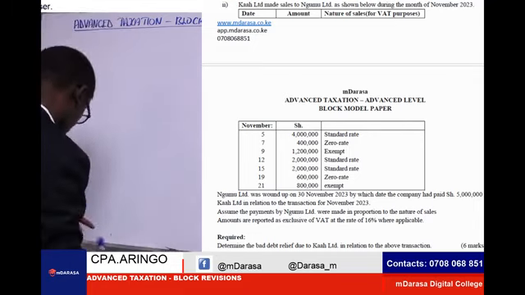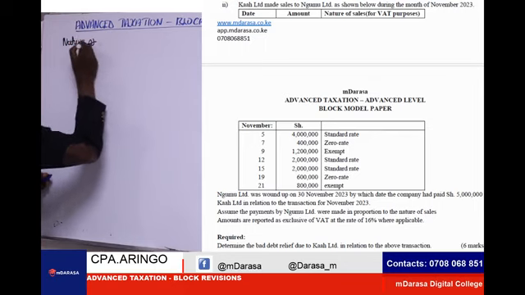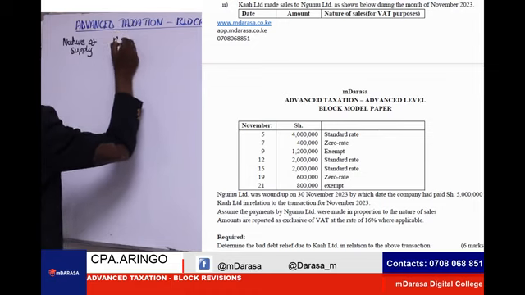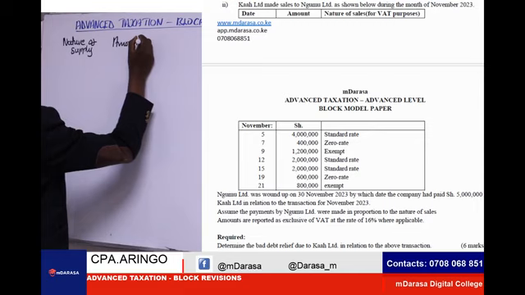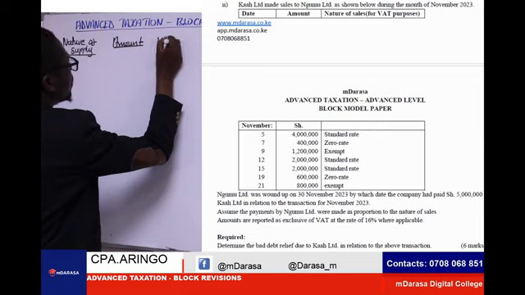Nature of supply here given. We have our amount. We have to determine our VAT.